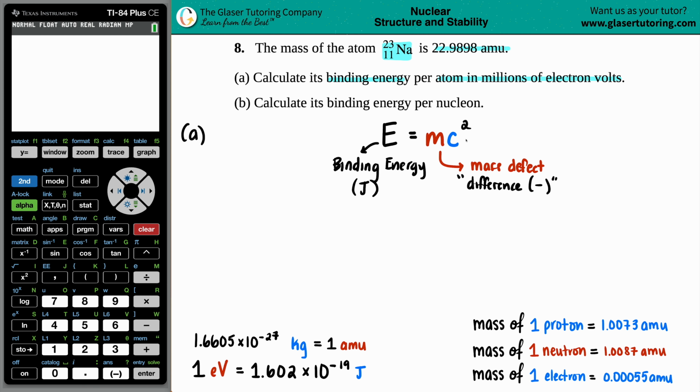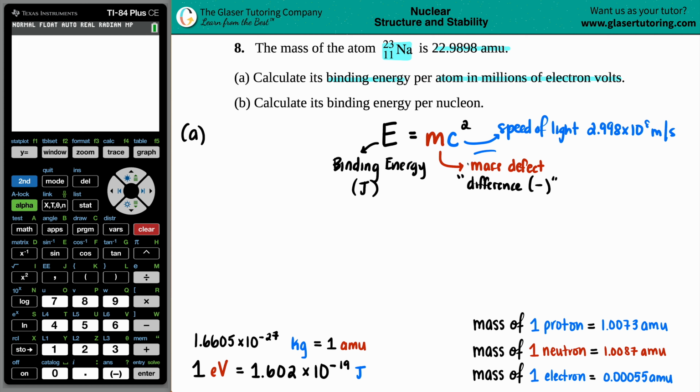And c is a constant, the speed of light, which is 2.998 times 10 to the 8th meters per second. If you wanted to just use 3, that's fine with me, but I want to give you the closer number for the speed of light.